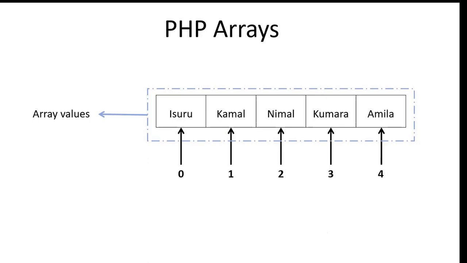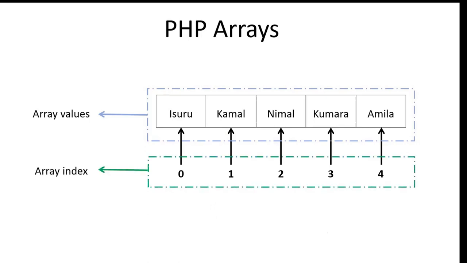So each value will get an index. We haven't specifically mentioned indexes, so it will arrange this with these indexes starting from 0. Okay. So these are array values and these are array indexes. An index starting from 0.